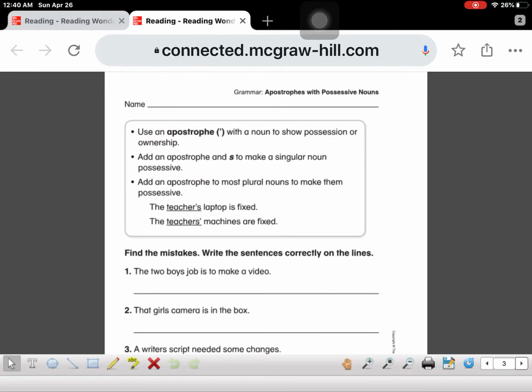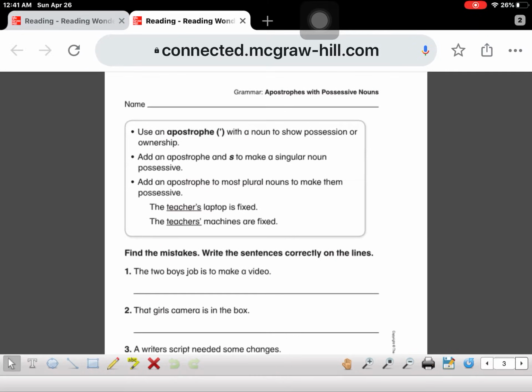All right. Now, the next sentence says, the teachers' machines are fixed. Now, it's not saying that machines of one teacher, okay, teachers has an S there, but they've added an apostrophe after that S. That is showing possession, but it's showing possession of something that has more than one.